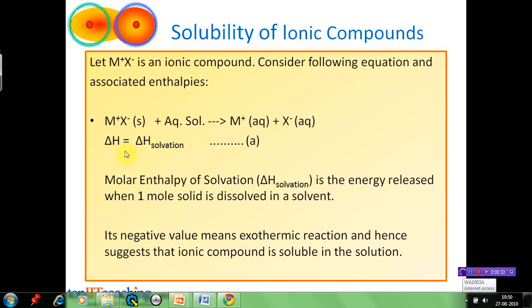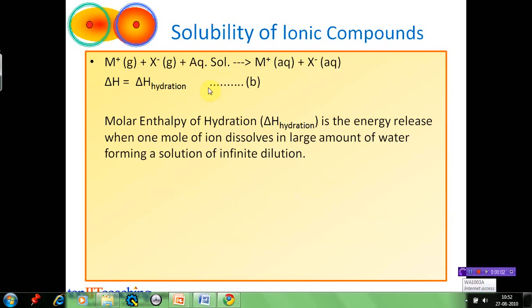The enthalpy of this reaction will be equal to the enthalpy of solvation. We can define molar enthalpy of solvation, which is denoted by delta H solvation, as the energy that is released when 1 mole of ionic solid is dissolved in a solvent. If the value of delta H solvation is negative, that means energy is evolved or the reaction is exothermic, and it suggests that the ionic compound is soluble in the given solvent.